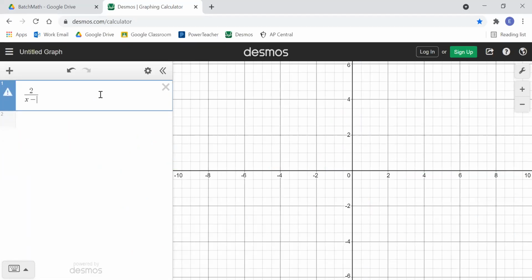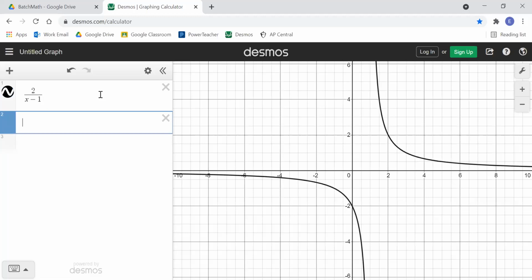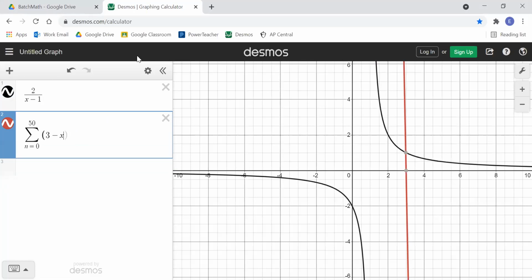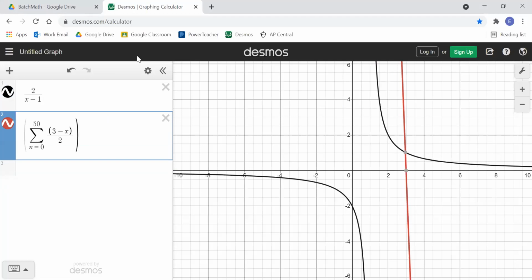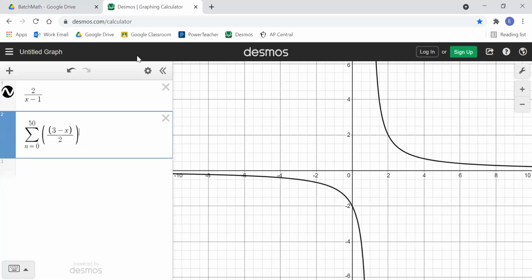So there's 2 over x minus 1. And our summation was the sum from n equals 0 to infinity of (3 minus x over 2), all being raised to the power of n.